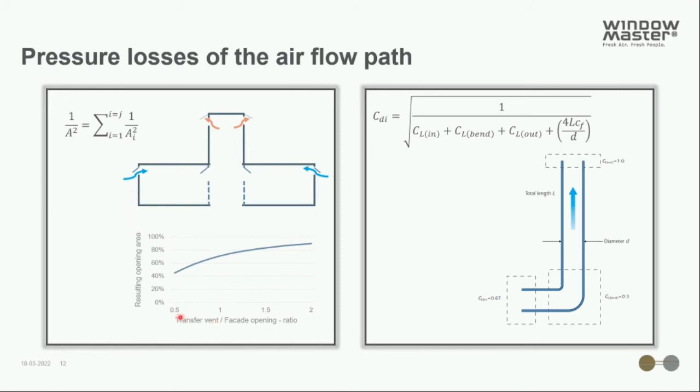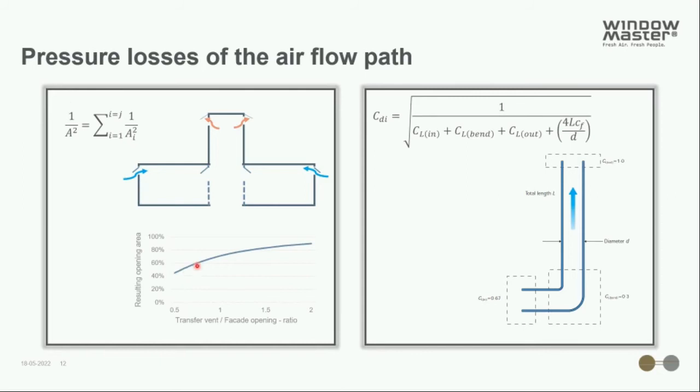What this graph shows is that if we have a transfer vent which is half the size of the original opening area in the facade, then the resulting opening area of the connection will actually only be about 40% of the original opening area. So it has a huge impact if the transfer vents are not large enough.